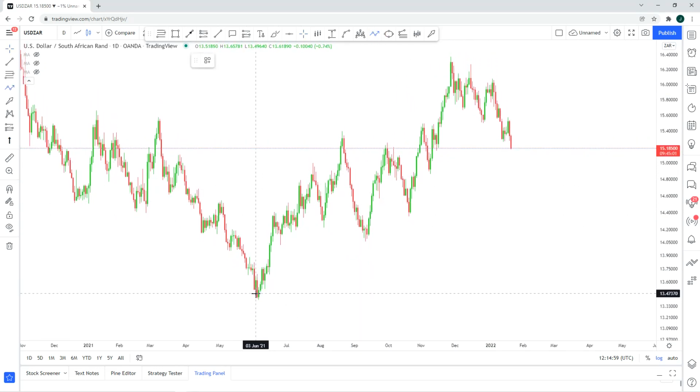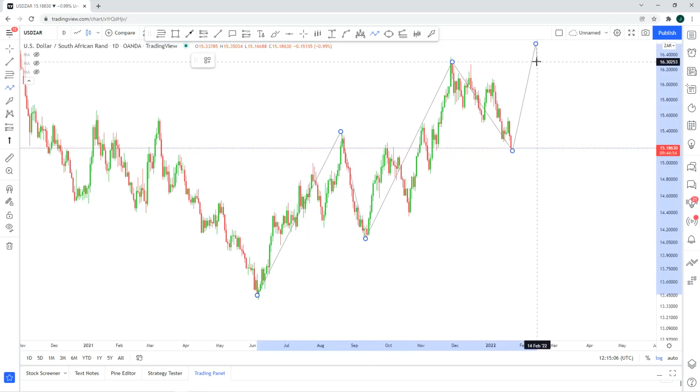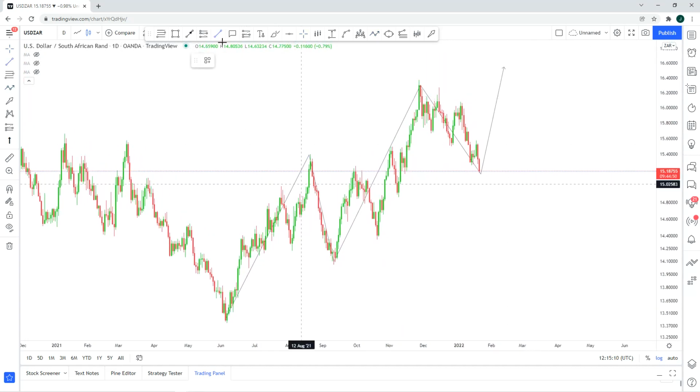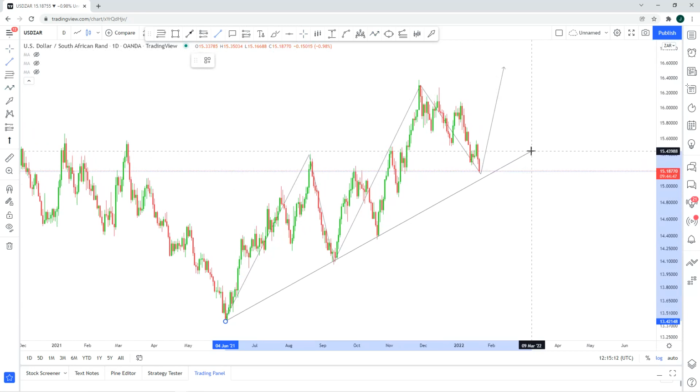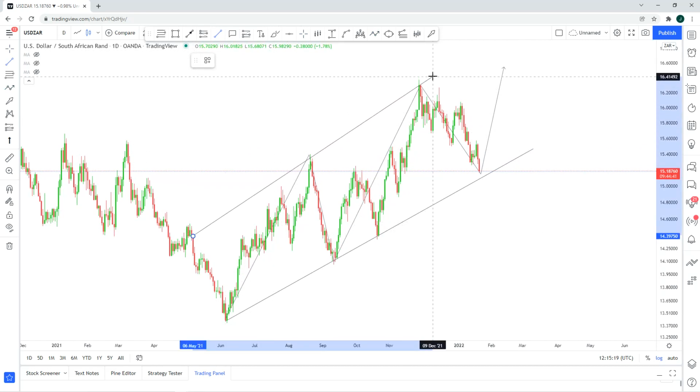You can see price has been giving us a higher highs and higher lows formation. So overall, you can see we are bullish. Now we're going to pull our support and resistance trend line. So we got our support within that area, and then we are going to work our way to our resistance zone. So now we got our resistance.